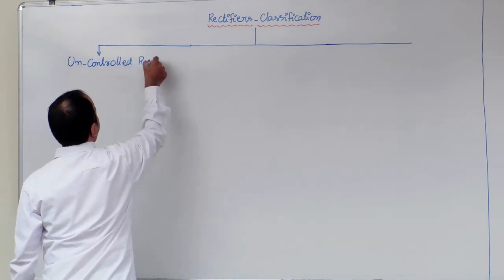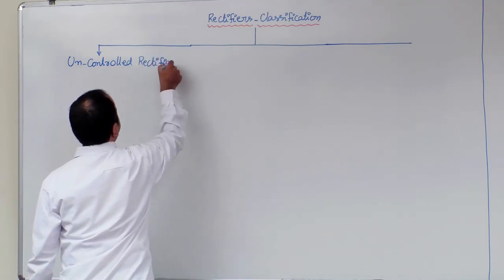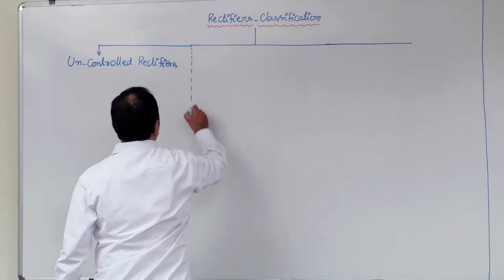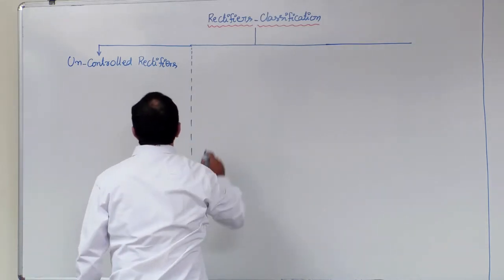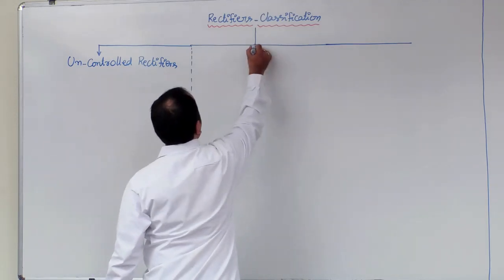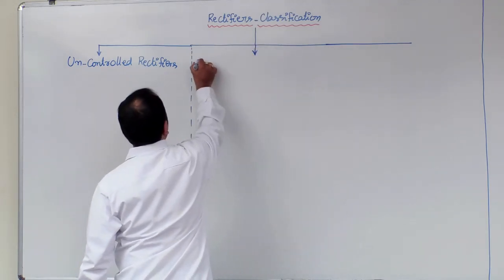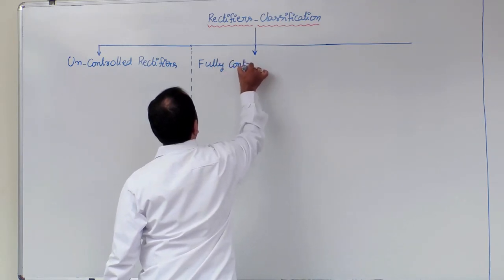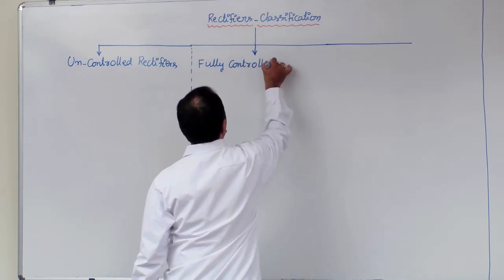Okay, and the second classification is fully controlled rectifiers.